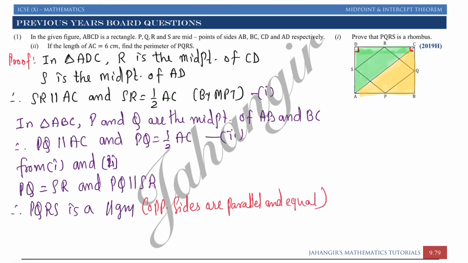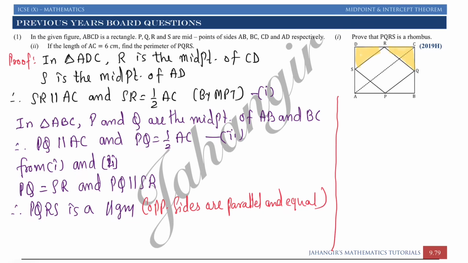So now we can say it is a parallelogram. Now we have to prove it is a rhombus. For a rhombus, if a pair of adjacent sides are equal, we can say it is a rhombus. So here I will take two triangles and prove them congruent. I can take this triangle and this triangle.